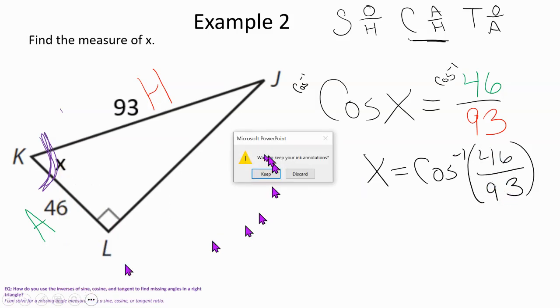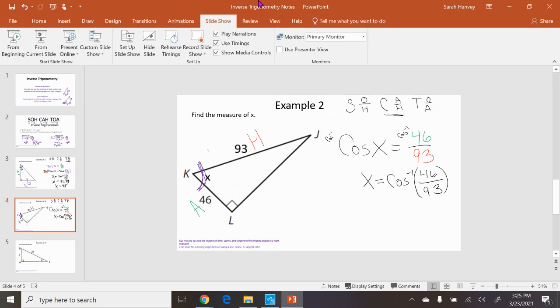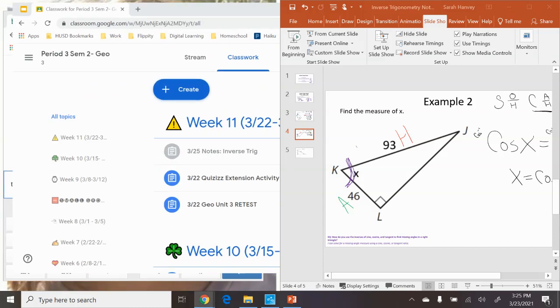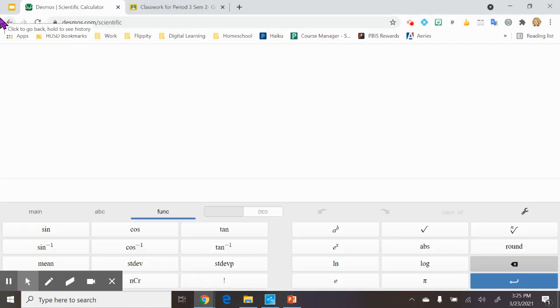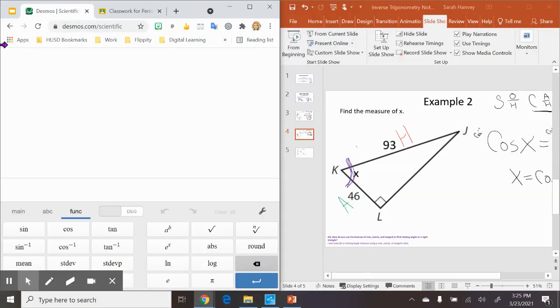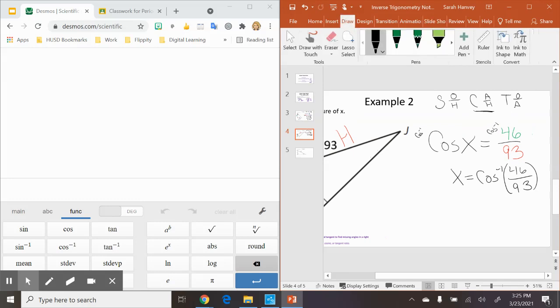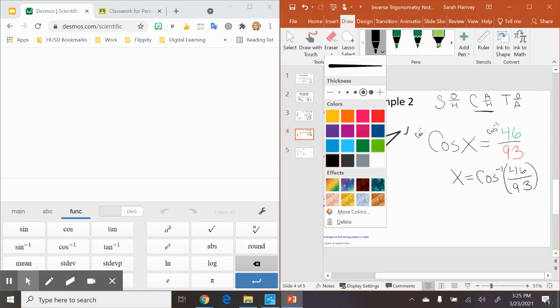All right, let me go ahead, and hopefully this will work a lot better with my Desmos calculator. Put this over here. Oh, of course not. All right. There we go. And we'll see if my drawing feature works a little bit better than last time. All right.